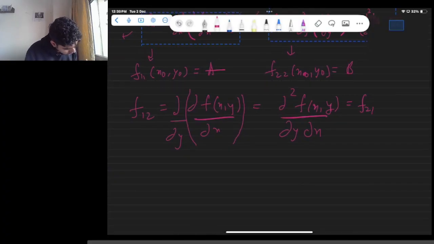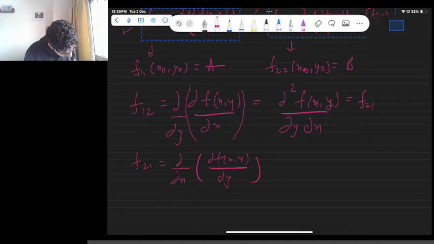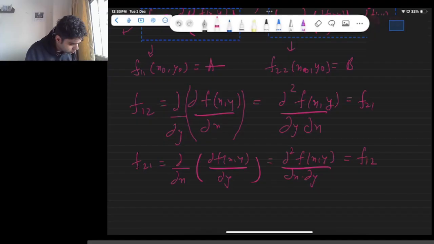So ∂f21, which is ∂/∂x of ∂f(x,y)/∂y, this is again equal to the same expression, right? ∂x into ∂y, which is f(1,2).